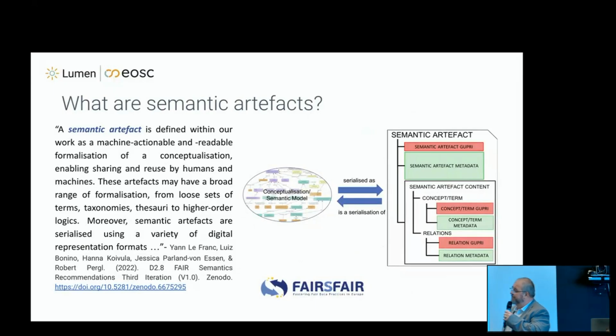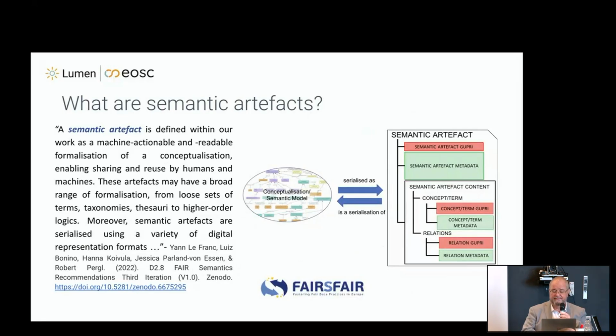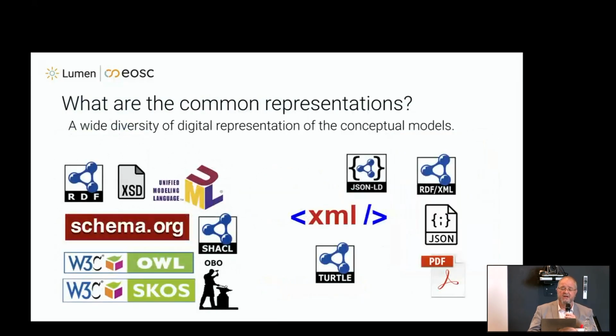And they can have a broad range of formalization from a loose set of terms, taxonomies, thesauri, to higher order logics. Moreover, they are serialized with a variety of digital representation formats. And these are the definitions we had in the FAIR-IMPACT project, which is now over 3 years ago, I think, because we were actually discussing how to make them FAIR.